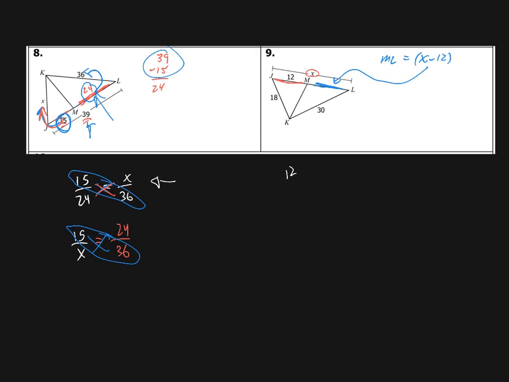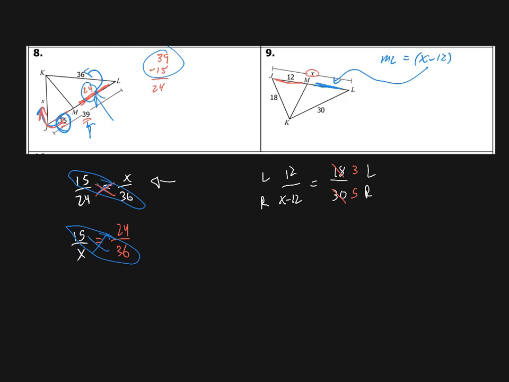So now we have 12, that's the left side, is to the right side. X minus 12 is in proportion to, the left side again is going to be 18, and the right side is going to be 30. Now, while we're here, might be noteworthy that 6 goes into both of these. 6 goes into 18 3 times, and 6 goes into 30 5 times.